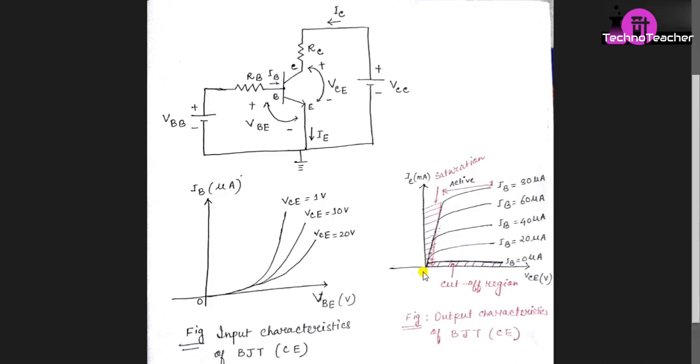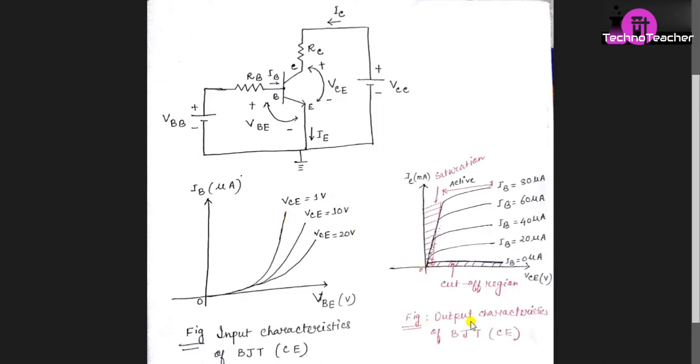Now see here, this VCE has a range of values. Whenever we have a range of values, we have to use DC sweep analysis in PSpice. In the input characteristics, in the main sweep, we used VBE, and in the nested sweep, we used VCE, that is voltage value, right?